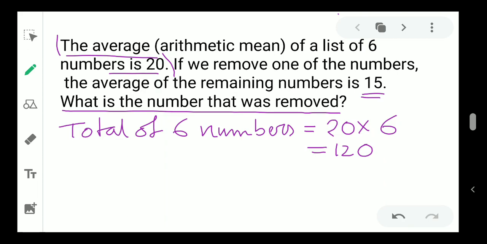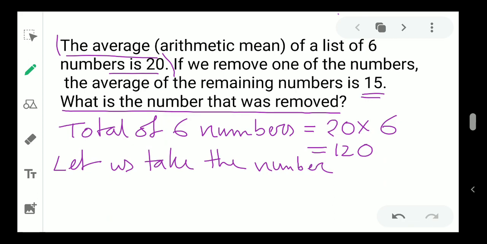So let us take the number to be x. Now you tell me one thing. x was a number that I have taken from the 6 numbers.